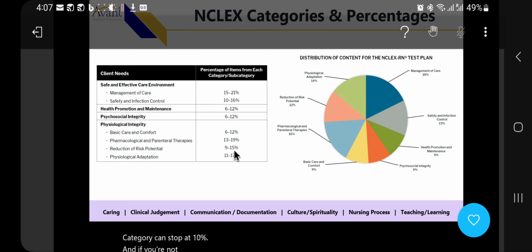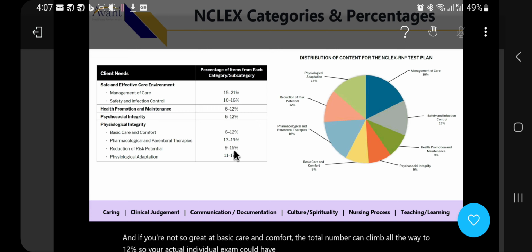And if you're not so great at basic care and comfort, the total number can climb all the way to 12%. So your actual individual exam could have more basic care and comfort questions than it does safety and infection control, because you got 10% of safety and infection control and 12% of basic care and comfort, right? So it's important to understand that function of the exam, right?